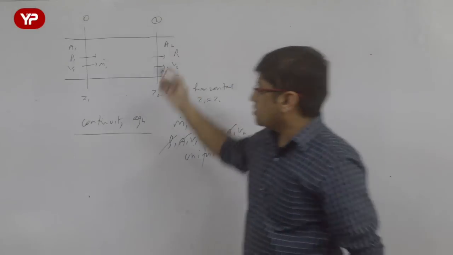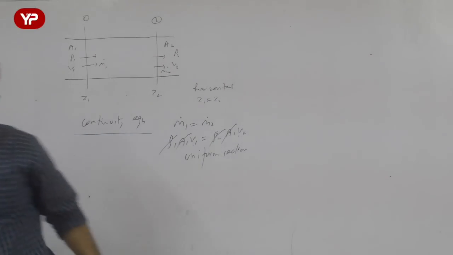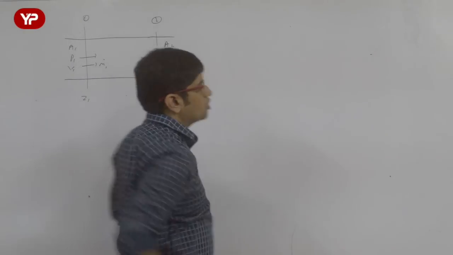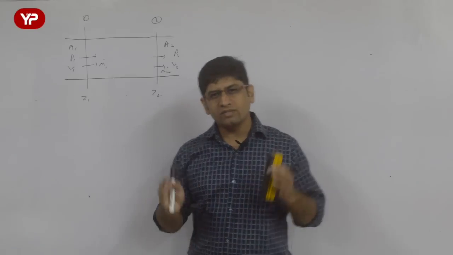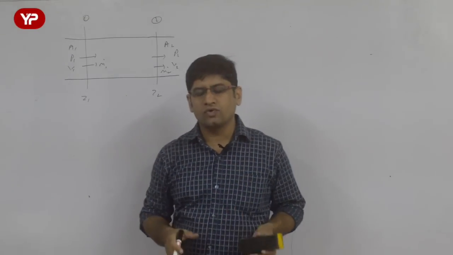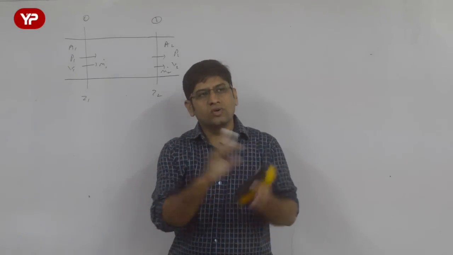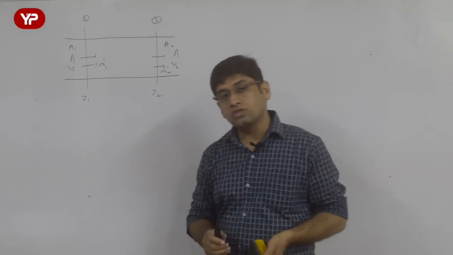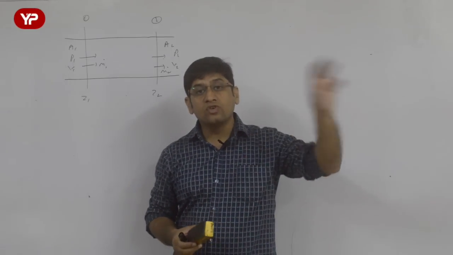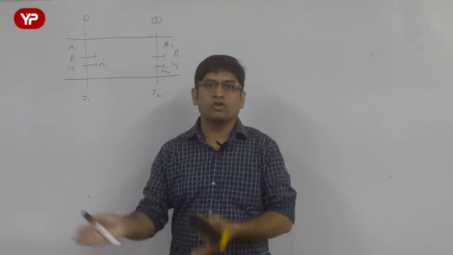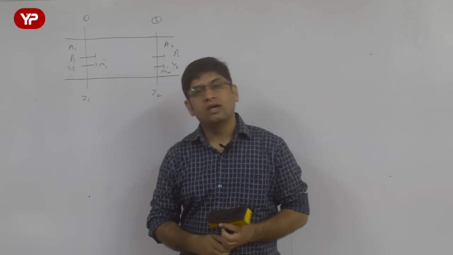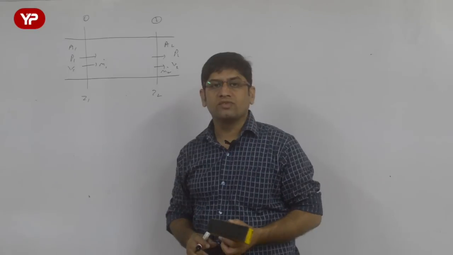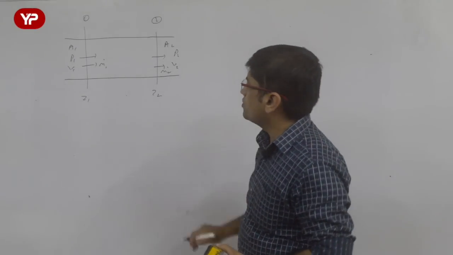So that means if the pipe is of uniform section, then our velocity is going to be constant, that is called uniform flow. So always keep in mind that if a liquid is flowing in some passage where the area of cross section is not changing, then the velocity also is not changing. That is called uniform flow, because to maintain the continuity equation, you need to have uniform flow. So we got V1 is equal to V2.